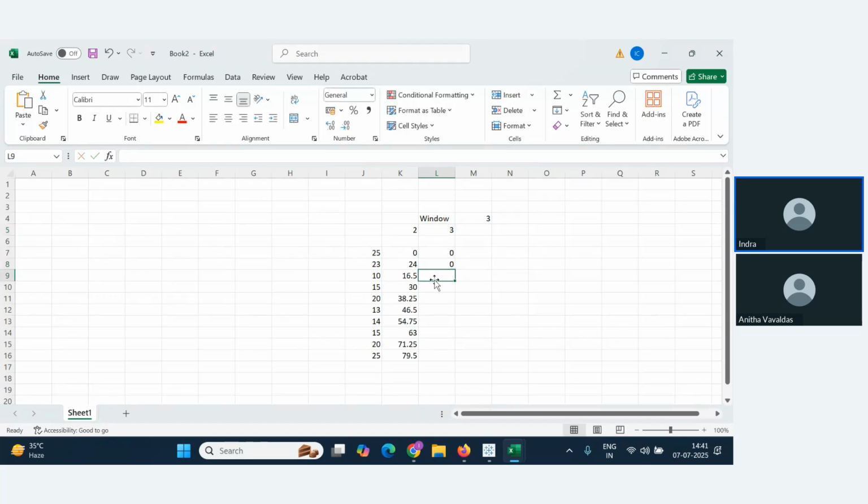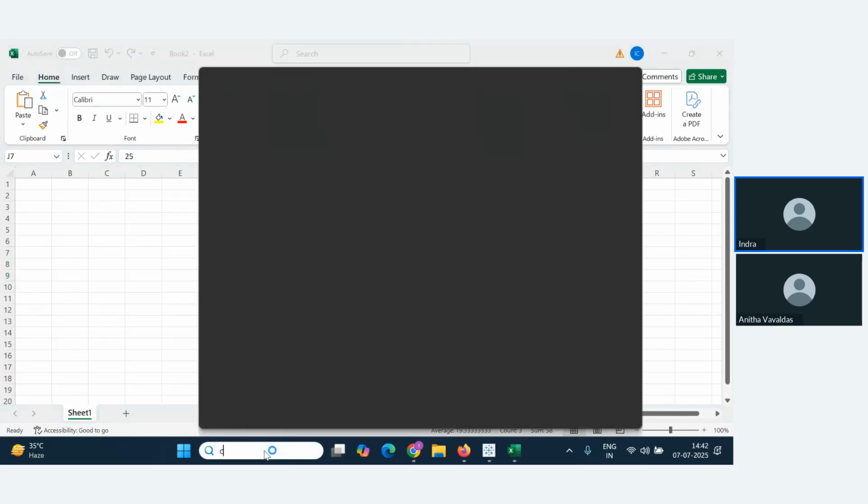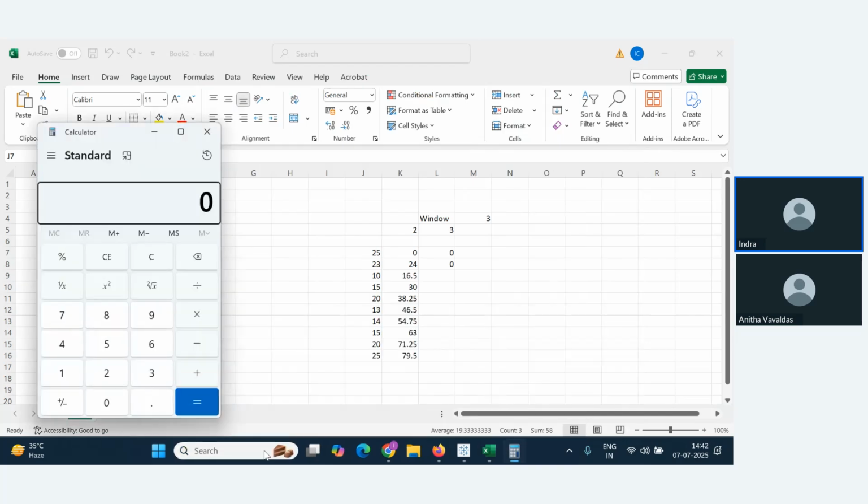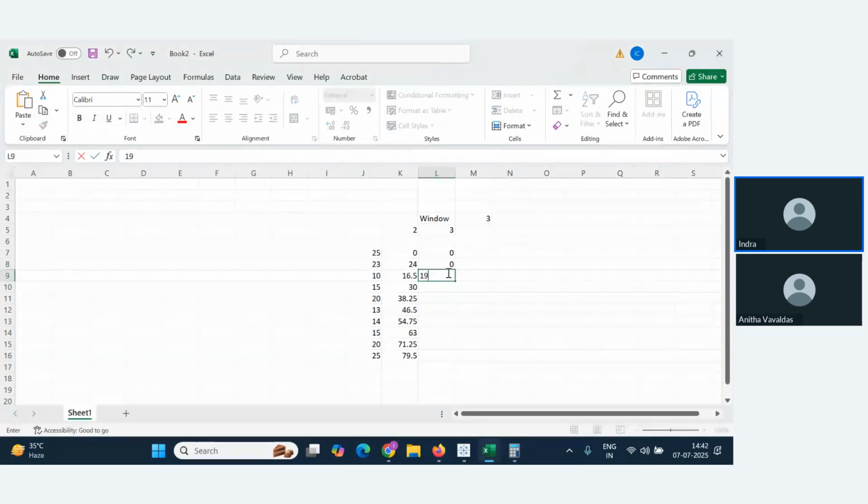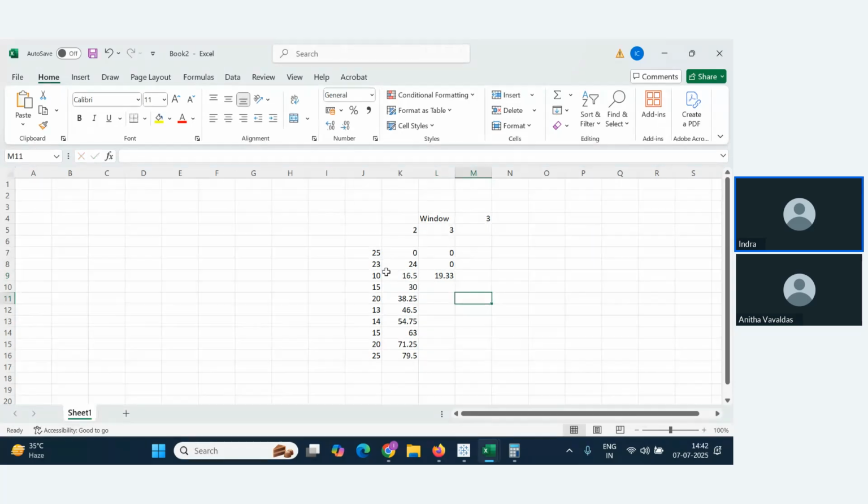Now it is going to sum these three values. 2 plus 2, 4 plus 1, 5. 58 divided by 3 comes out to be 19.33. Again, for the next one, it will take the sum of these three values. 23 plus 10, 33, 33 plus 15, 48.